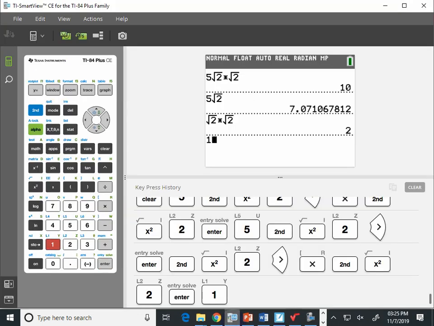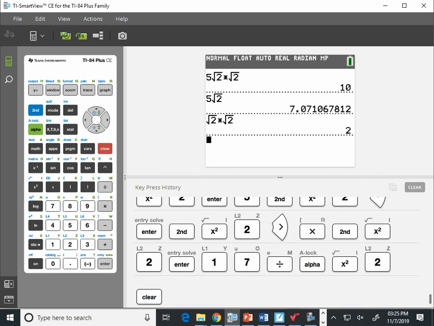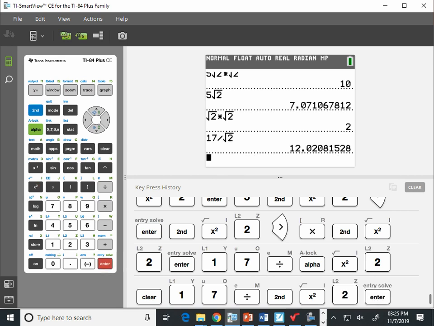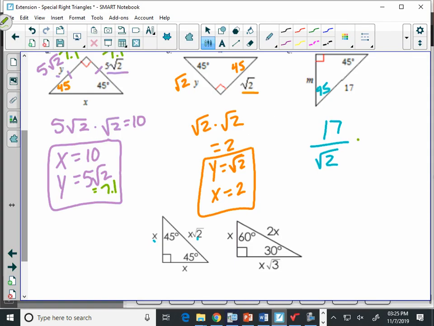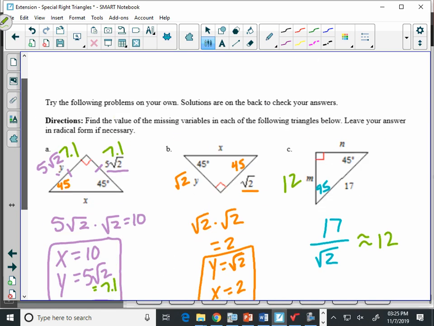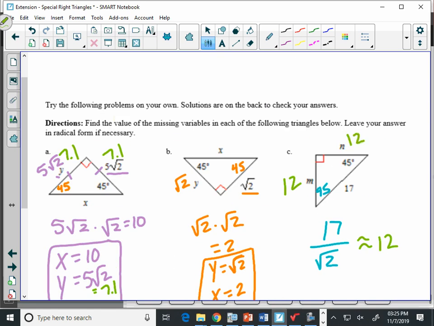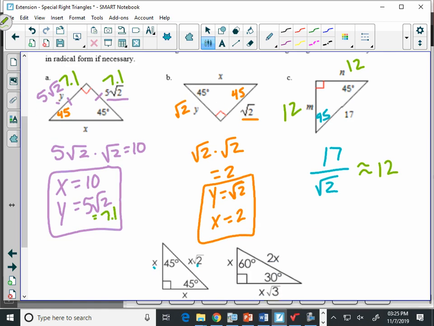We're going to do 17 divided by radical 2, and we get about 12. So I know my legs are the same. That is roughly 12. So my M is about 12, and my N is about 12.